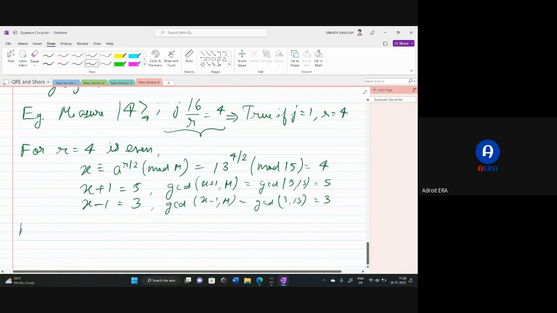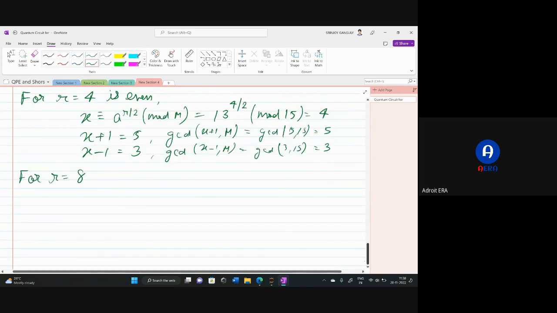Let us try another, r is equal to 8. We still have 8 and 12 left. Basically those are the r values you received from Shor's algorithm, and now you're going to see which one matches. For r is equal to 8, that means 16 by r is equal to 8.